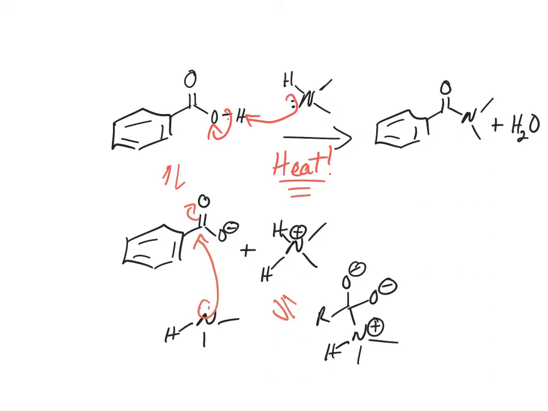Where you got something like this maybe, but there's no plus charge, but you could do a bunch of proton transfers and eliminations, and eventually get to here after following a couple steps. Like I said, I'm not asking you to know the mechanism, but this is the idea behind it. So to make this work, you need a lot of heat and a lot of energy. You should for sure know this first step, this acid-base reaction. How we got all the way to here, I'm not asking you to know just now. But you should know if these two things are around and there's a lot of energy and heat, you're going to make that amide.